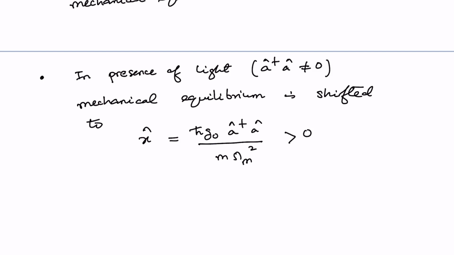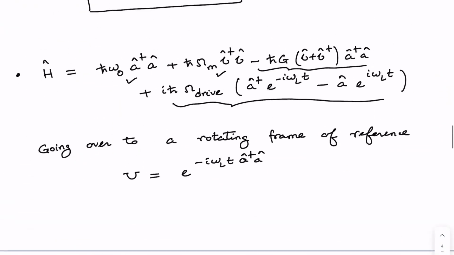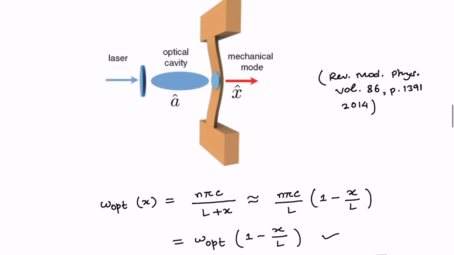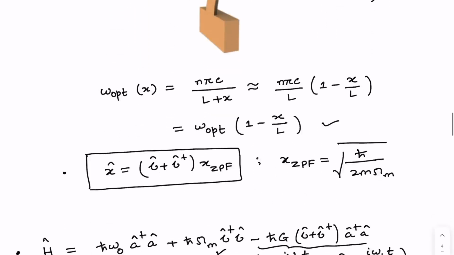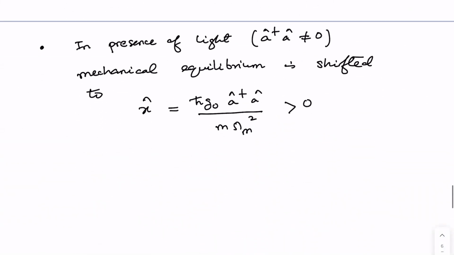Because of the way we have derived this Hamiltonian, you just recall this diagram. This clearly shows that the radiation pressure force is acting to the right. That's why the shifting of the equilibrium point is also happening to the right, that's why x is greater than 0. This is the meaning of this.